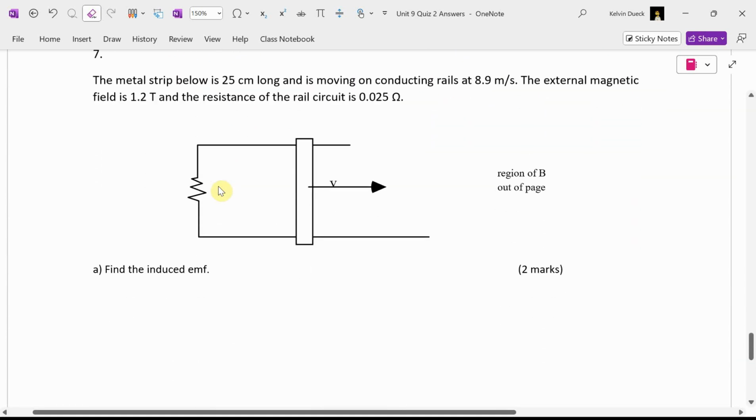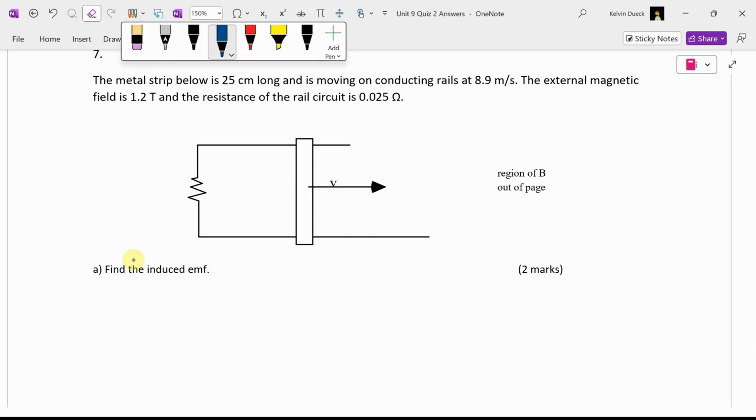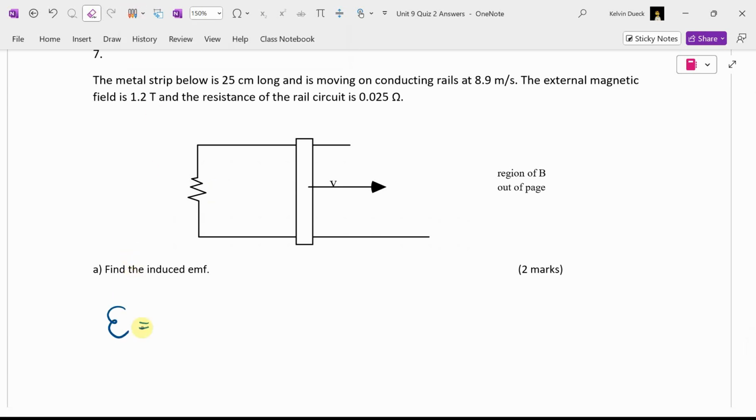Number 7. Find the induced EMF. Okay, when I have a speed, the induced EMF is B times L times v. It's going to have a magnetic field of 1.2, a length of 0.25, and it's moving at 8.9 meters per second.